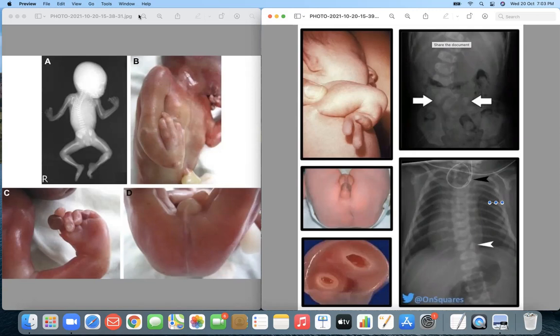But if this is VACTERL, what is your role? Then don't send a geneticist; if you want to speak generally, no problem. I know this is multifactorial, but genetics is to rule out other causes.